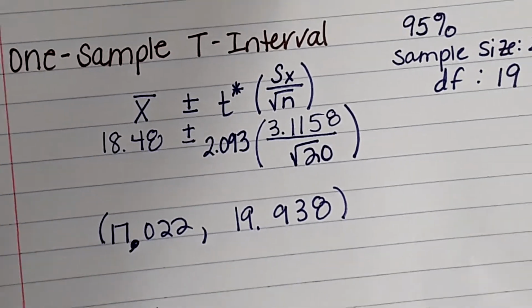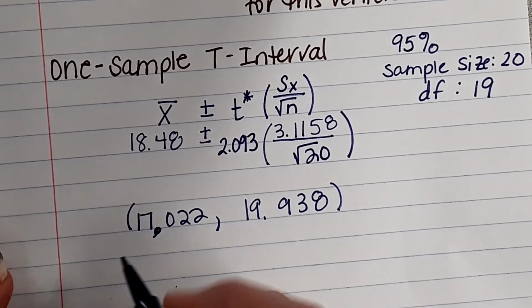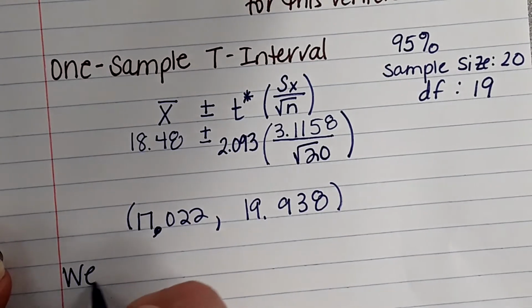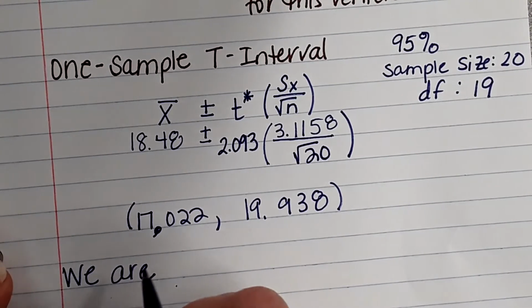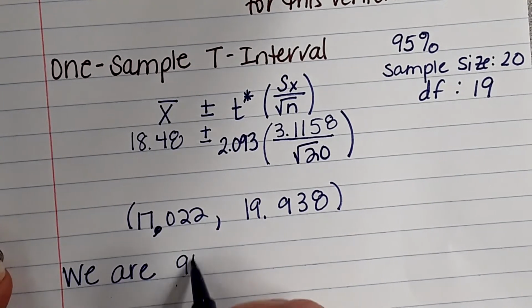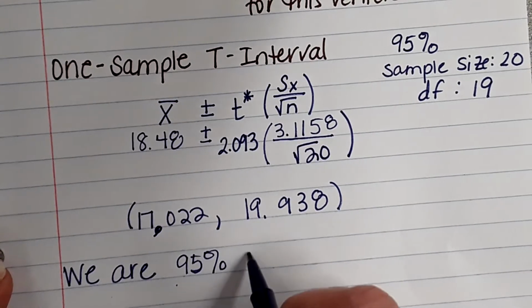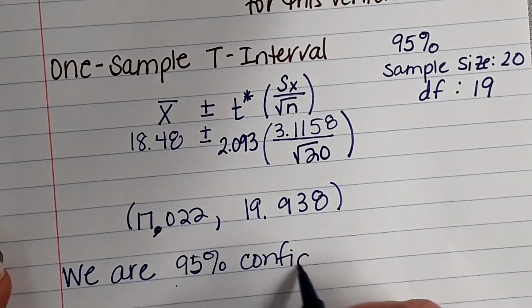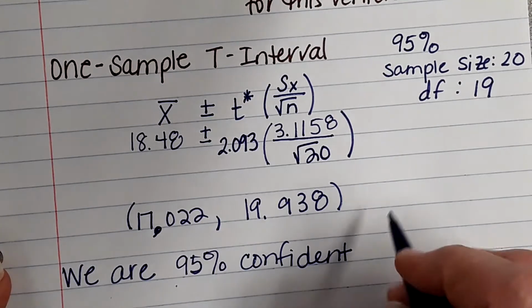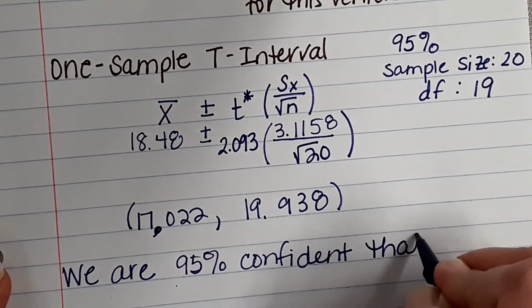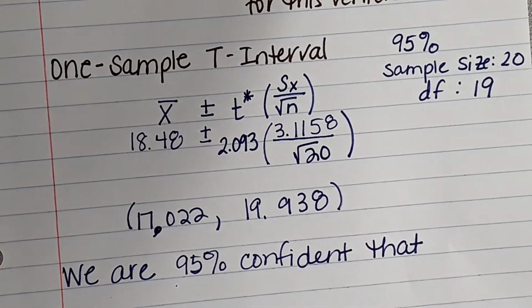So what does this mean? This means we are 95% confident that, now we're going to go back to the parameter. Remember we wrote the parameter out yesterday? We wrote what mu was. Now we're going to write that sentence.